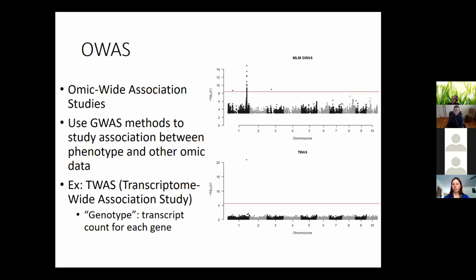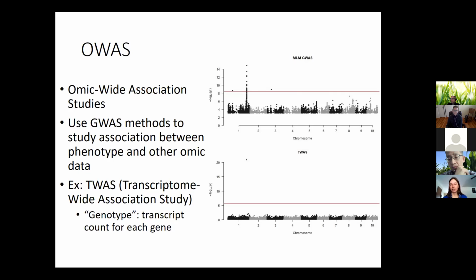Yeah, so first, as for how many there are, from what I've seen, TWAS would be the most common OWAS that I've seen. I still haven't seen terribly many of them. Like I said, I'm working on a project that has TWAS. We're collaborating with some people that are working on another related TWAS right now, and there's a handful of papers out using this, but not terribly many yet.